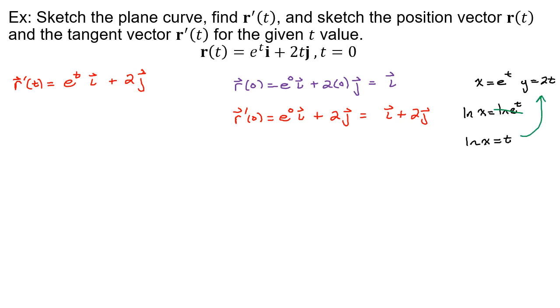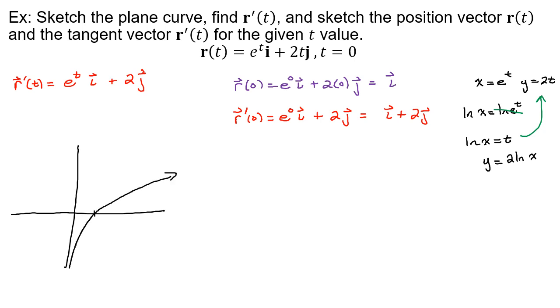Plug that back in up here for y, and I get that y equals 2 times the natural log of x. And that's a graph you might be familiar with. It goes through the point 1, 0, has an asymptote of the y-axis, and it continually goes up to the right.